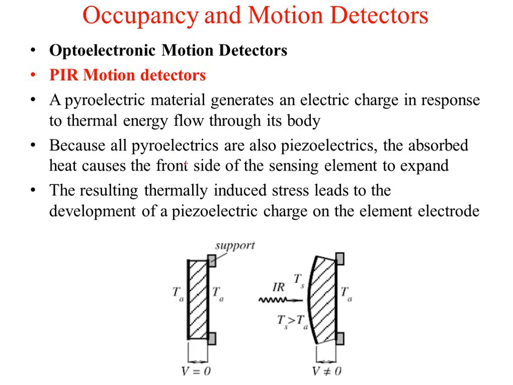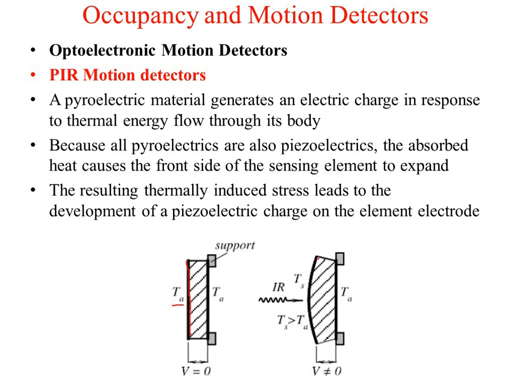This is the material, and this is the one side of the material which is exposed to the thermal radiation. When no thermal radiation is there, the voltage developed across it will be zero. But as soon as you radiate thermal energy, Ts is greater than TA.